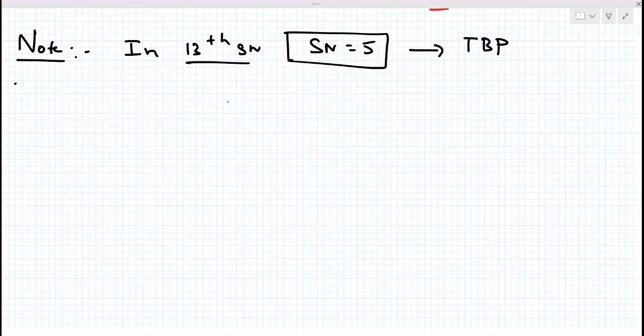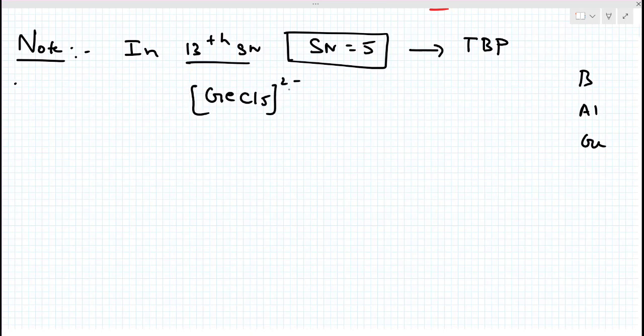For example, germanium, boron, aluminium, gallium: GeCl5 2 minus, GaCl5 2 minus. This gallium belongs to group 13, therefore 3 valence electrons minus 1 plus 2 gives 5. What is the geometry? Trigonal bipyramidal.